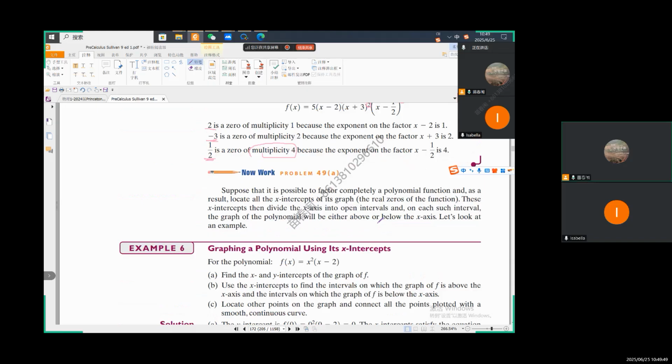Let's do 6 then. Question 6. Okay, hang on, let me write this down. Which one do you write down? Example 6? Yeah, example 6. Are we doing that?